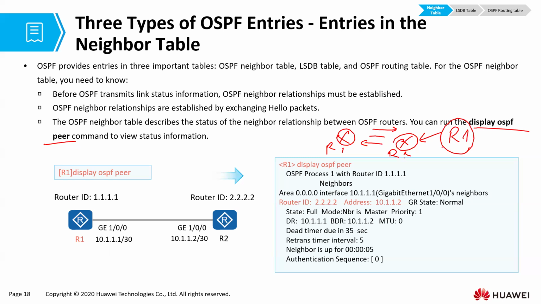The neighbor table is displayed by a router after a successful neighbor relationship. In this example, we have these two routers defined by those router IDs. Ndikauya display my OSPF peer angu panapa, I can see ndiri pana router 1.